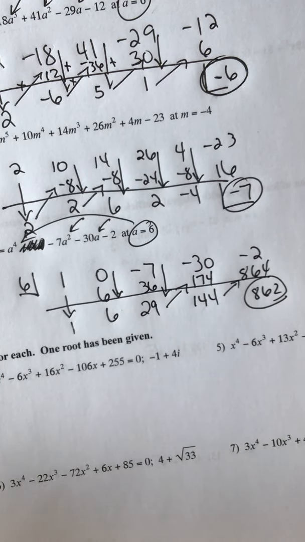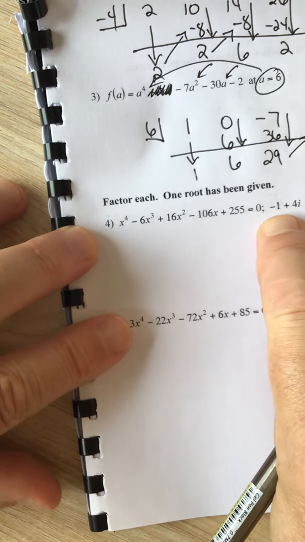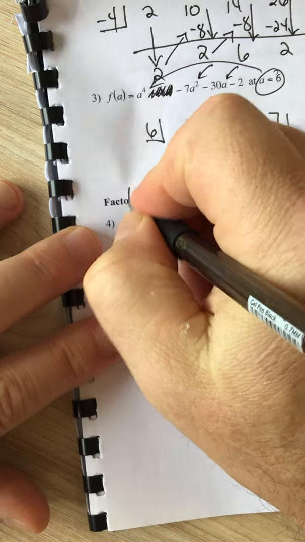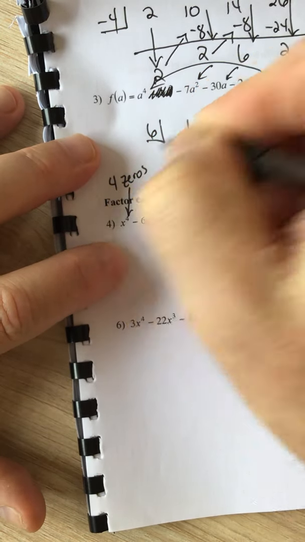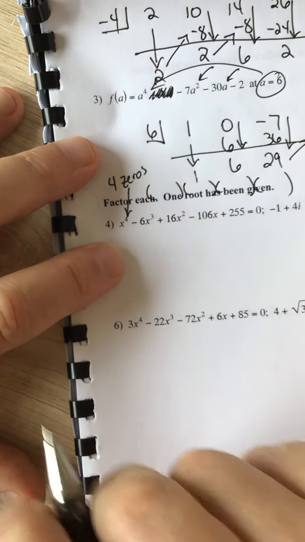Okay, we can use that idea to find factors. Here's really what the remainder theorem is for. Here's one of the factors. Now, one of the things that we know is this has to have 4 zeros. That means if this factors, it will factor 1, 2, 3, 4 times.